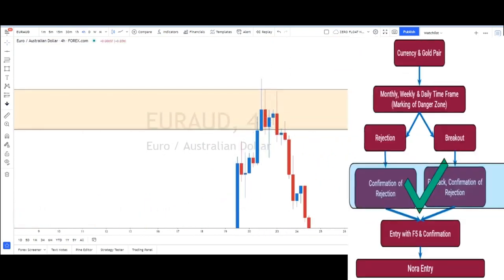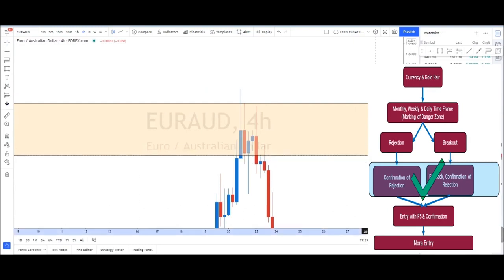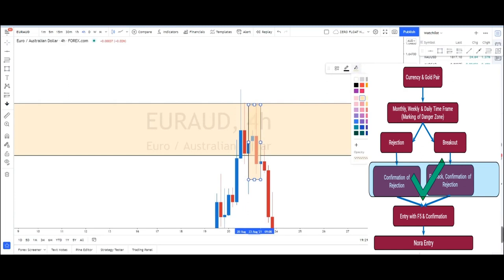As you can see here, I'm going to show you one thing. We have one confirmation of rejection. I'm going to mark this properly: confirmation of rejection on this candlestick. This is what you call, guys, the bearish engulfing. Now, is this a confirmation of rejection? Yes, I would consider this a very good bearish engulfing, and the body of the engulfing candle closes below the danger zone of the daily time frame.